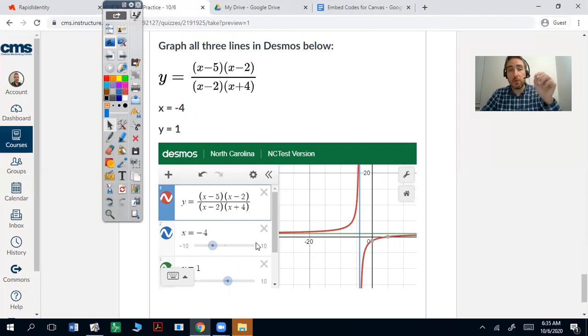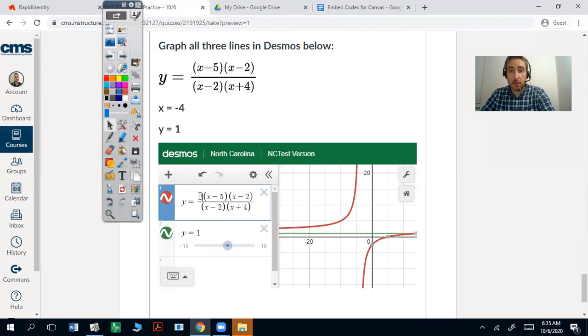Now, something you can think about, and I can prove to you with the horizontal asymptote: if I made this coefficient up here 2, notice that brings that up, right? 2 divided by 1 is 2, so that would change that to y equals 2. And if I made that 5, that would change that to y equals 5.